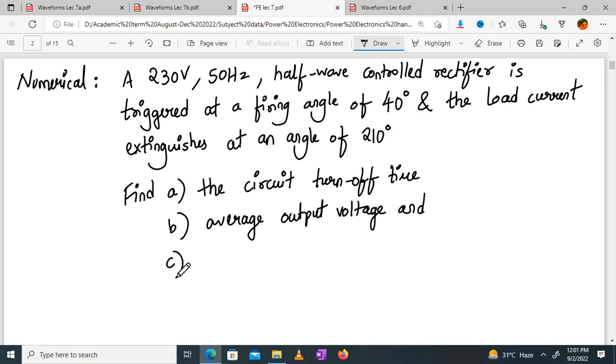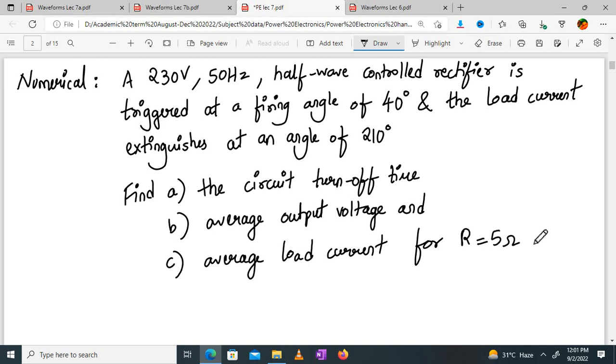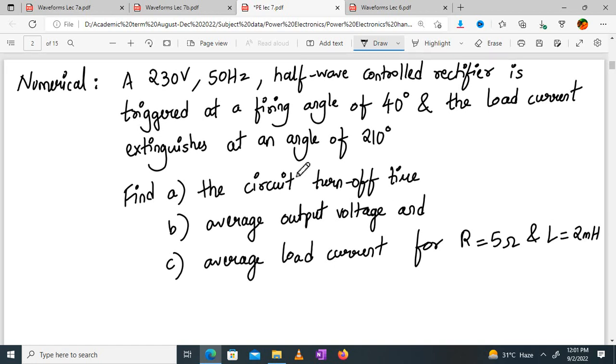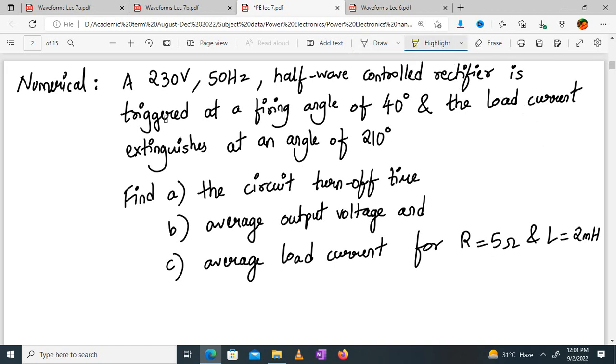And C, average load current, for R equal to 5 ohms and L equal to 2 millihenry.